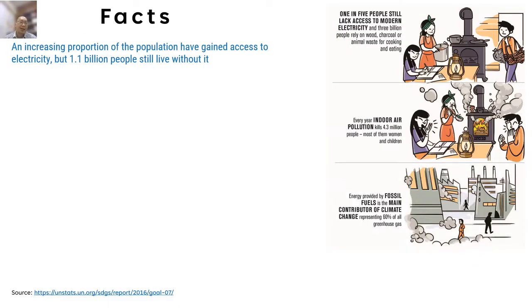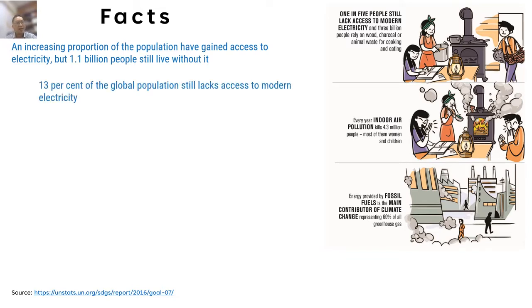So let's go through some facts as below. Do you know that an increasing proportion of the population have gained access to electricity, but 1.1 billion people still live without it?